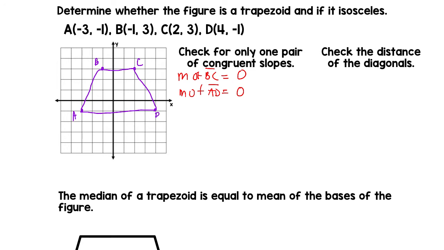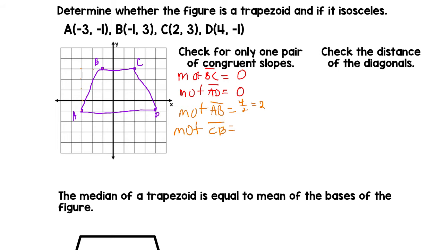Let's look at the slope of AB. So we go 1, 2, 3, 4 up, and 1, 2 to the right. So 4 over 2 is slope of 2. Slope of CB. Of course, you could use the points and calculate it that way if you want.